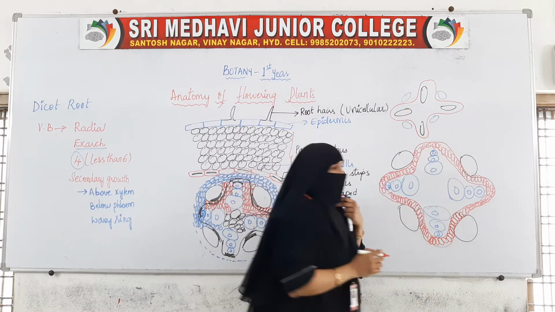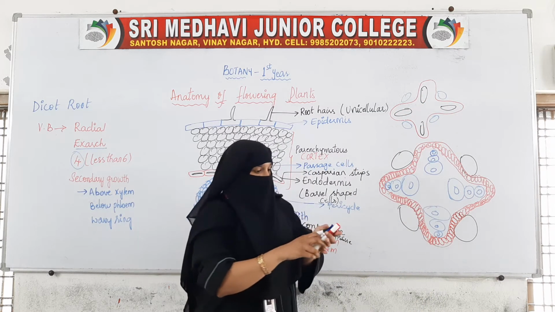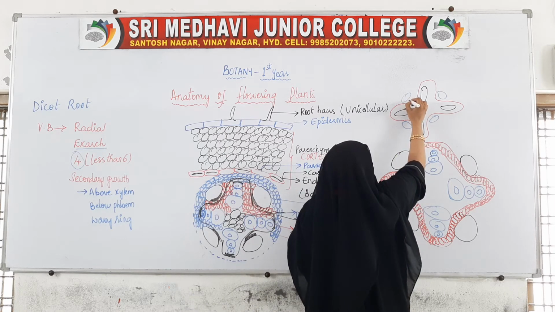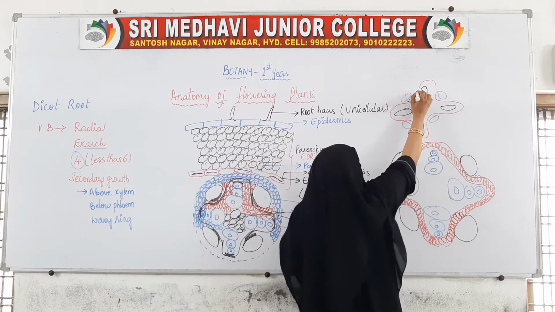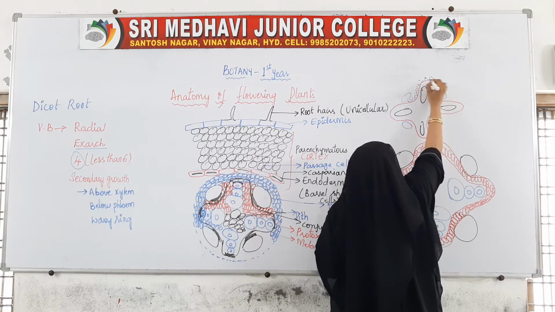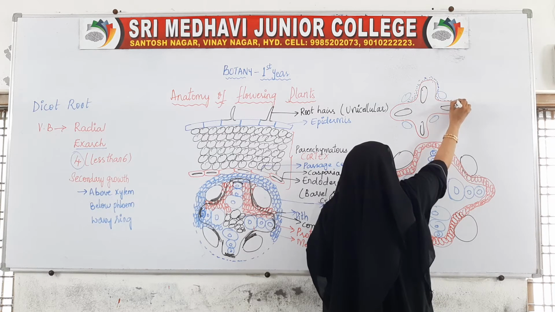Now the cells which are below this phloem will change into meristematic cells.